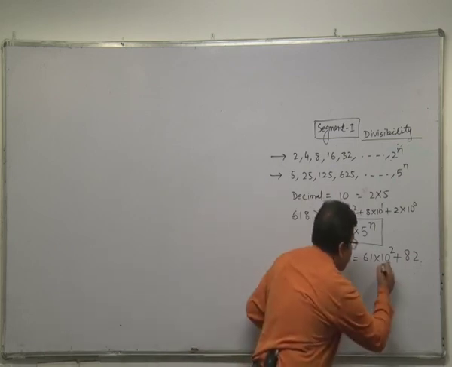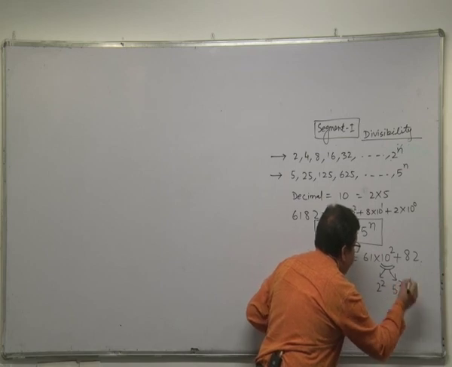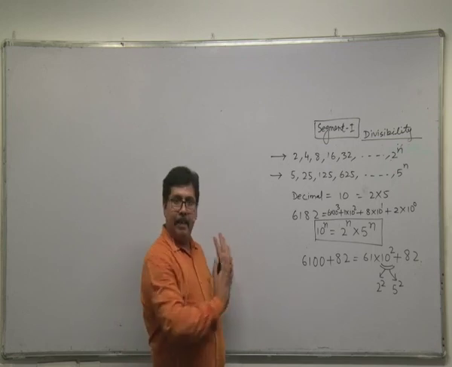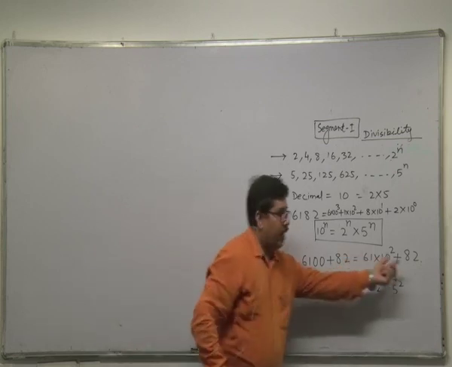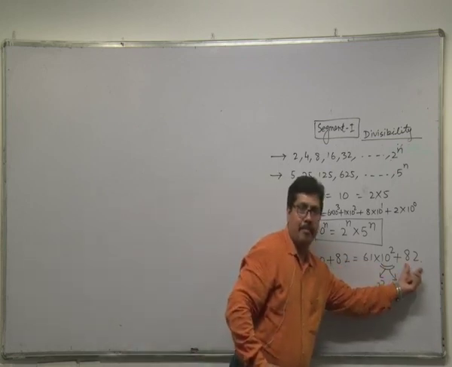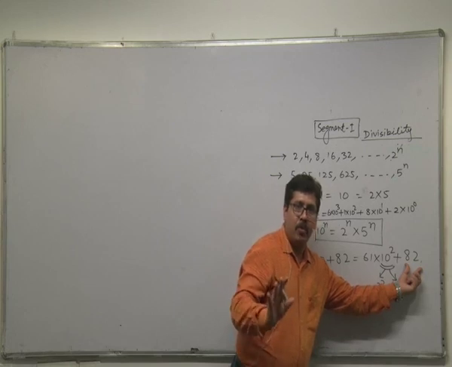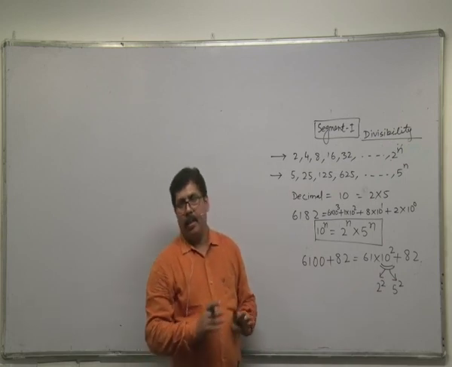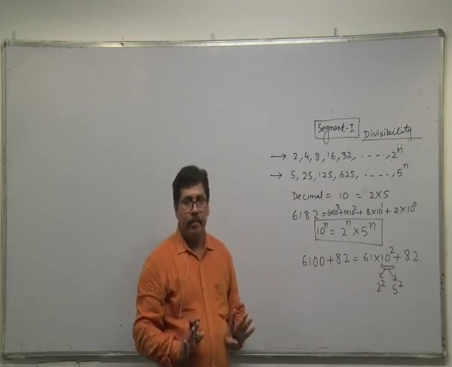And 10 raised to the power 2 means 2 raised to the power 2 as well as 5 raised to the power 2. Isn't it? I hope this is fine. Now, is 82 divisible by 4 or not? 82 is not a multiple of 4.